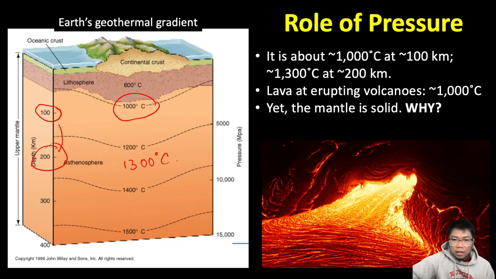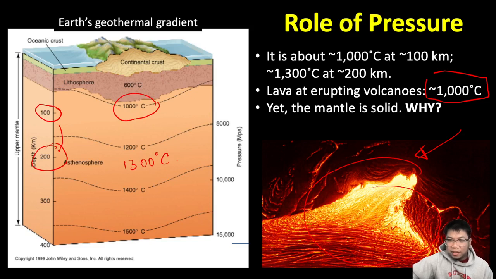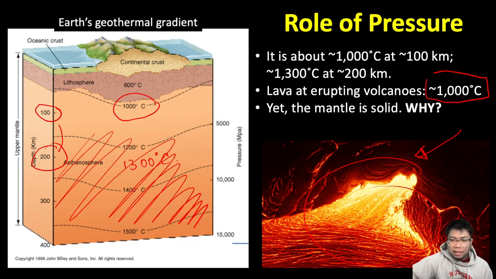The interesting fact is that if we measure the temperature of this lava right here at erupting volcanoes, it's actually only about 1,000 degrees Celsius, much less than 1,300 degrees Celsius. Yet, this mantle stuff is all solid, not liquid.